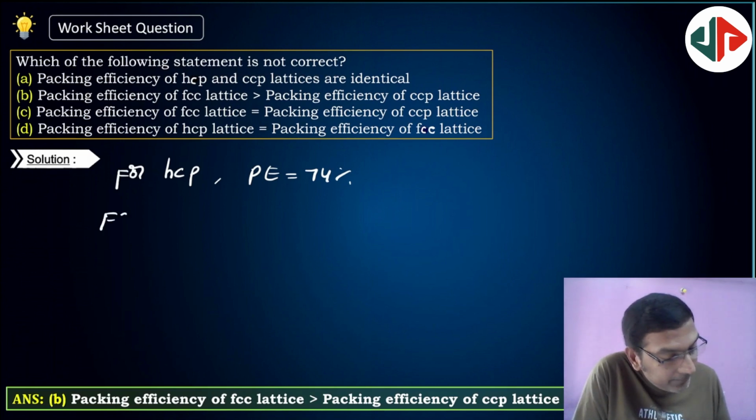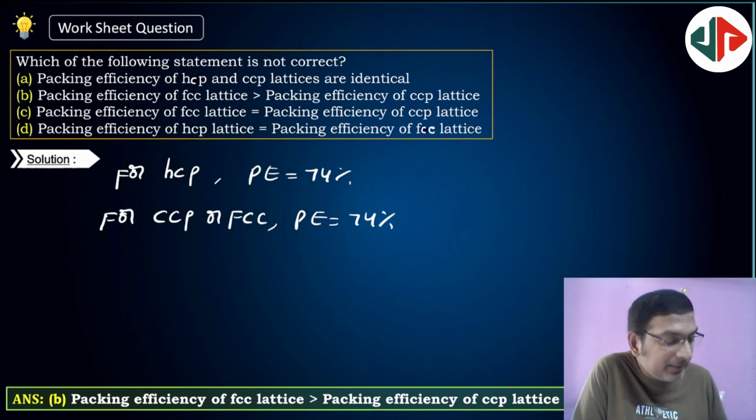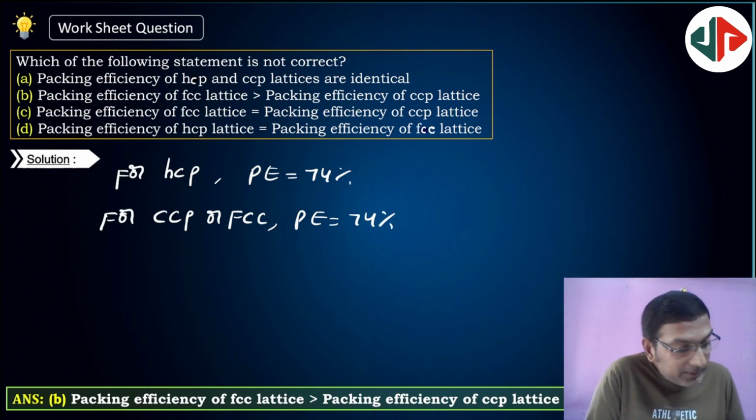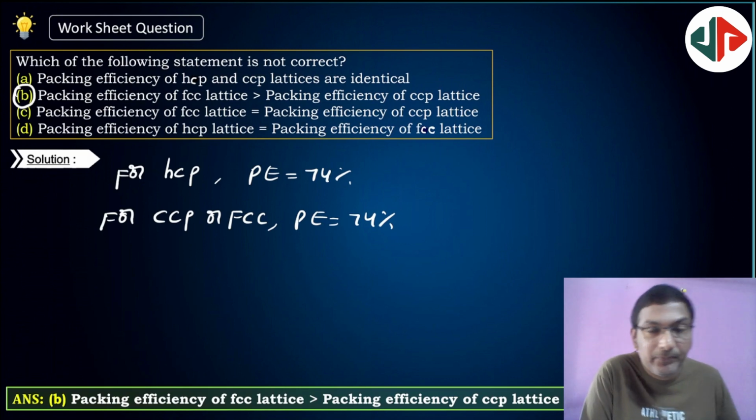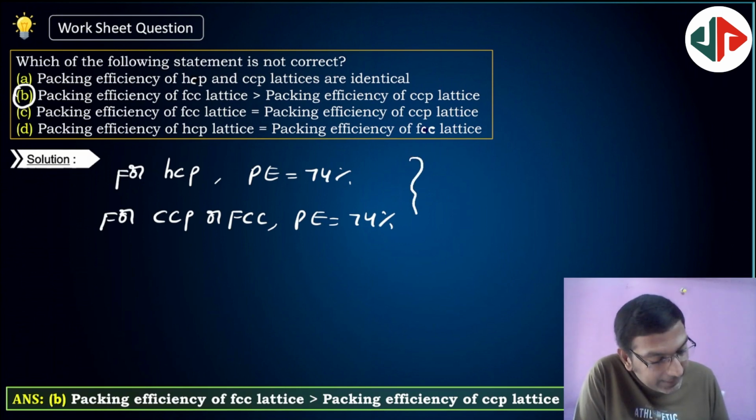For CCP or FCC, packing efficiency is 74%. Both are the same. Which is not correct, they are asking. Check option B. Packing efficiency of FCC greater than packing efficiency of CCP is given. That is wrong. So both are identical. Very, very important.